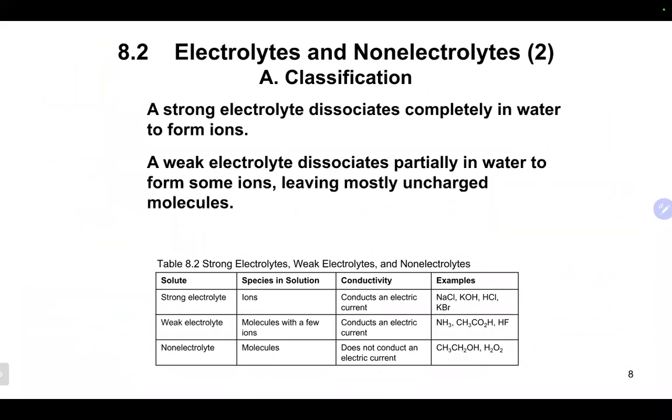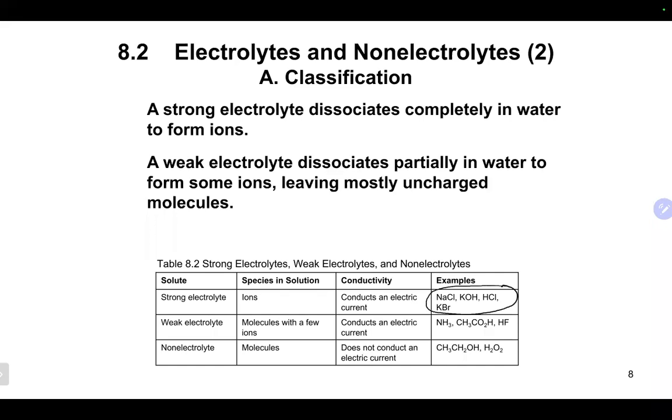So as I mentioned before, a strong electrolyte will 100% break apart and form those ions. A weak electrolyte will only partially break apart, but they both can conduct electricity. Obviously, a strong electrolyte conducts it much, much more, and obviously a non-electrolyte does not. So down here, some examples of strong electrolytes. Strong acids and strong bases are also strong electrolytes.